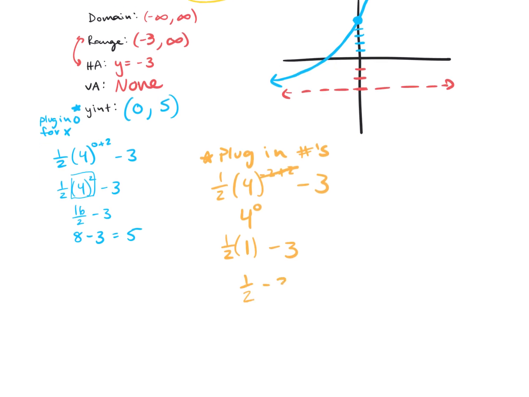And 1/2 minus 3? Well, we can make a common denominator. This would be 6 over 2, so this would be -5 over 2. Or, to help you graph it, you'll have your calculator with you for the whole test. So put it in the calculator if you need to. -5 divided by 2 would be -2.5.